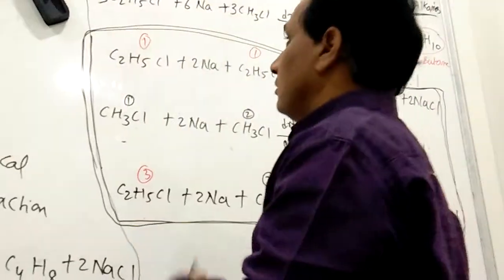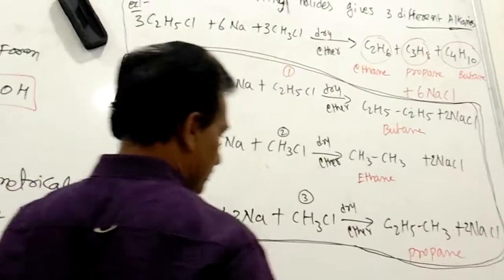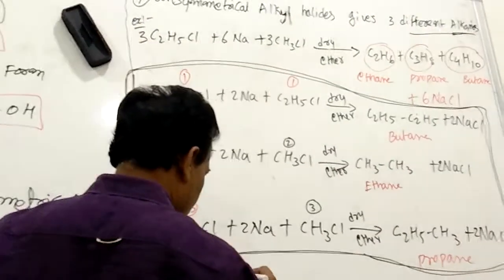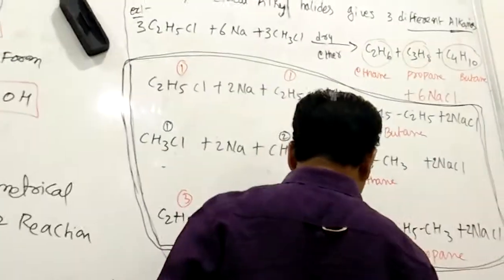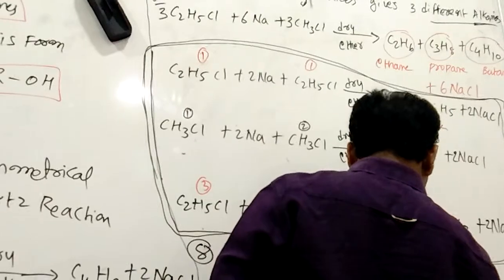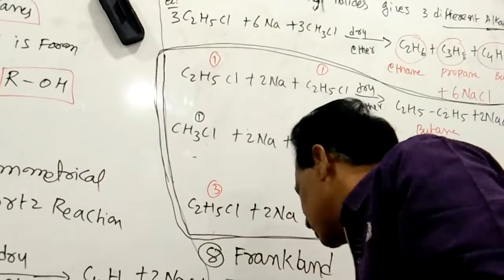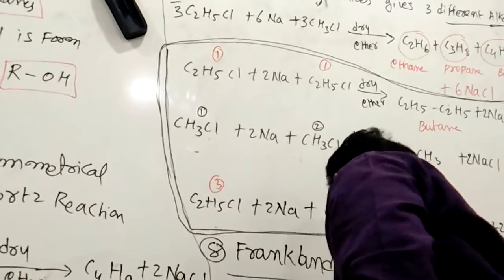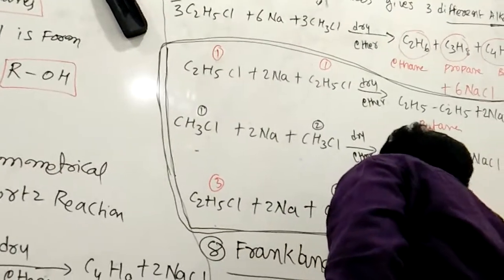And the Frankland reaction is also there. Frankland reaction means the same as the Wurtz reaction, like C2H5Cl plus, but here we are using Zn, with heat.